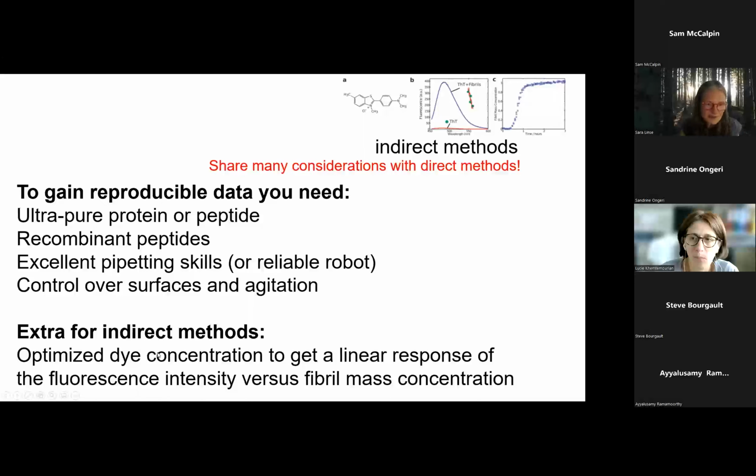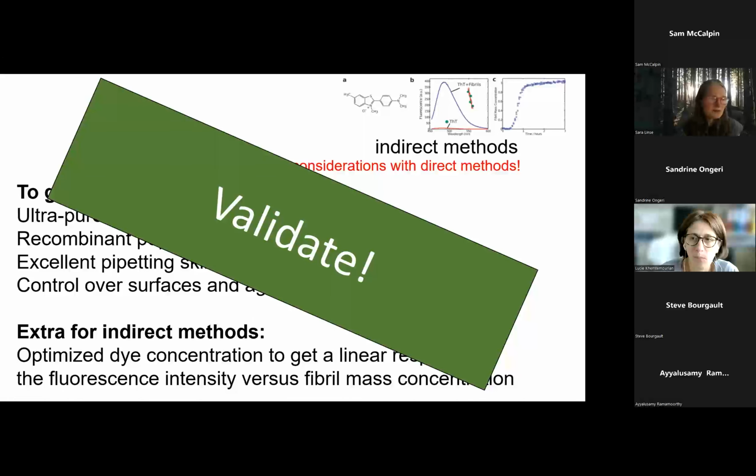That means dye concentration, for example, which is the main thing you need to optimize. So maybe also the excitation light, of course. And then don't forget, for indirect methods, you always need to validate, because they are indirect. So you need to validate with something that's direct so that you know what you follow, because of course thioflavin T and any dye, they are relatively fibril specific, but there is no guarantee that they don't bind to something else in your sample.